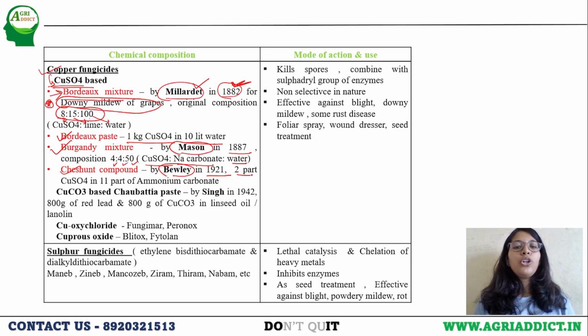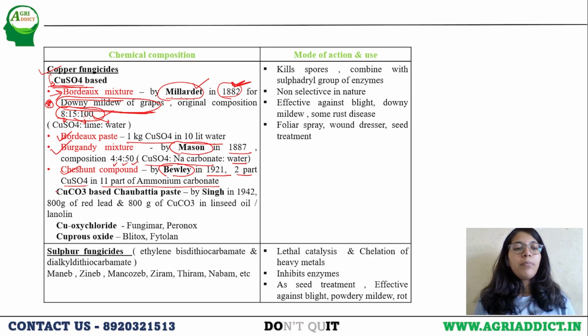It consists of 2 parts of copper sulfate and 11 parts of ammonium carbonate. Don't confuse these compositions. You just need to memorize the name of the scientist who discovered it, the name of the disease for which it was first used, and the composition. So these were all the types that come under copper sulfate based fungicides.